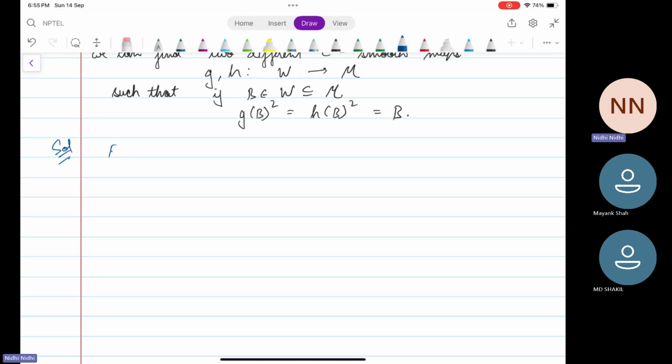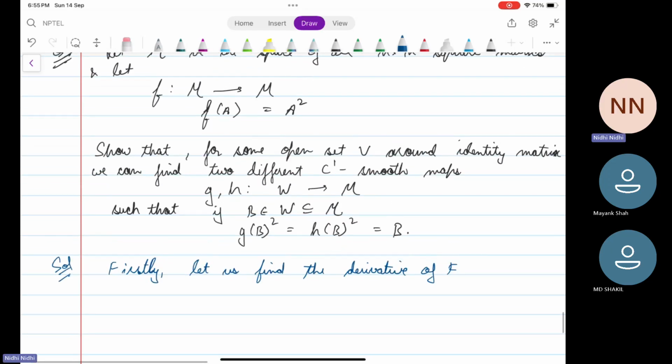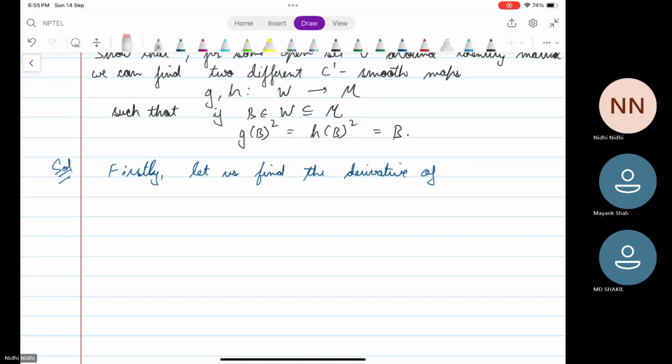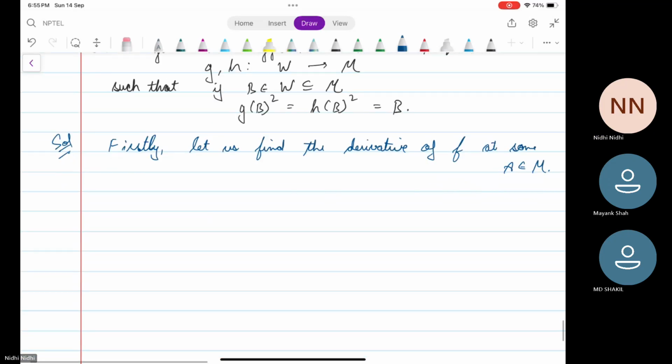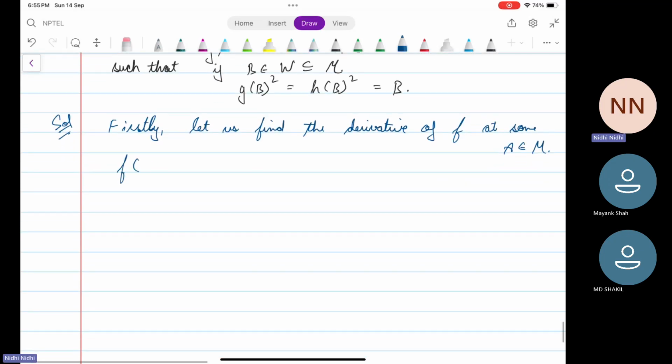So firstly, let us find the derivative of small f at some point A.